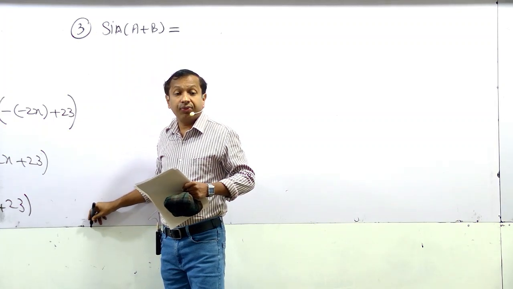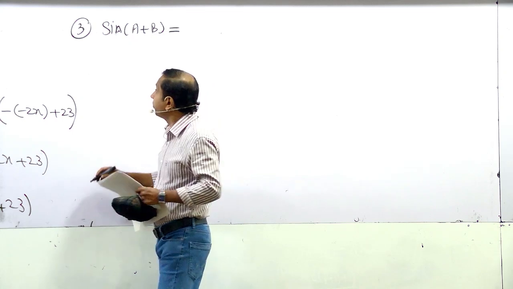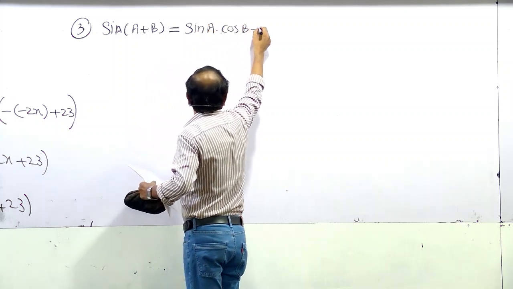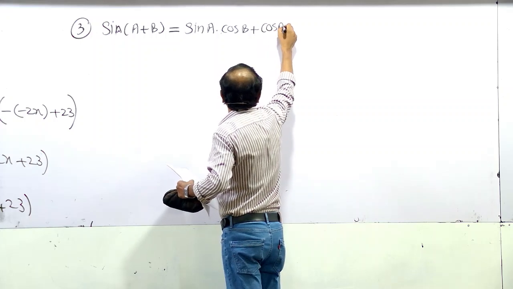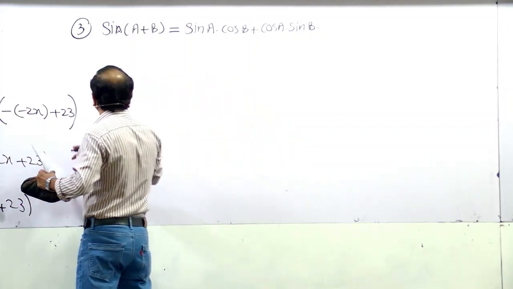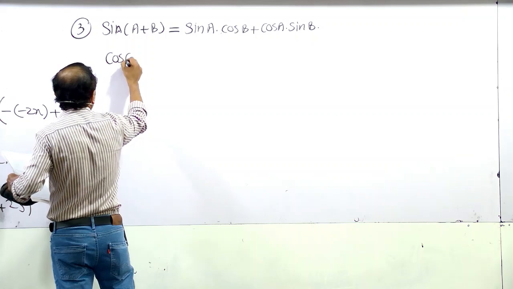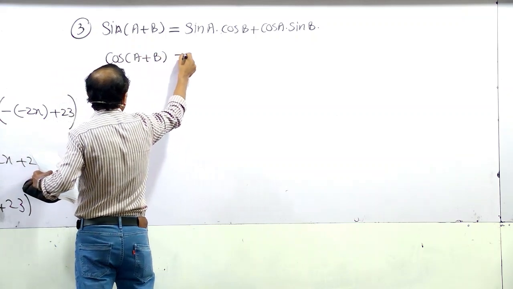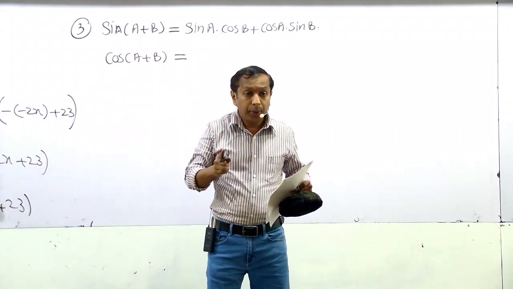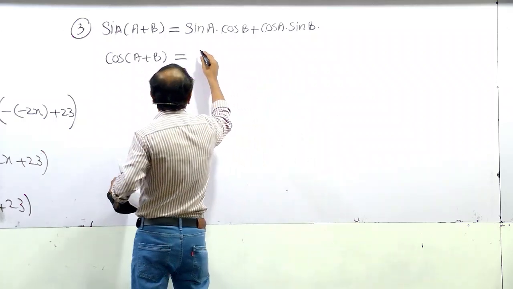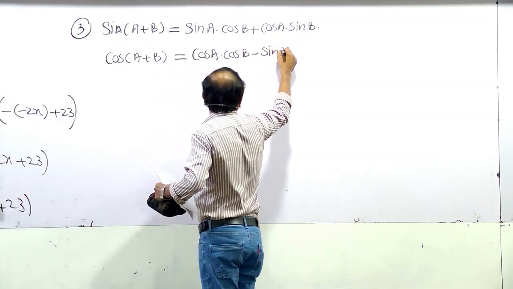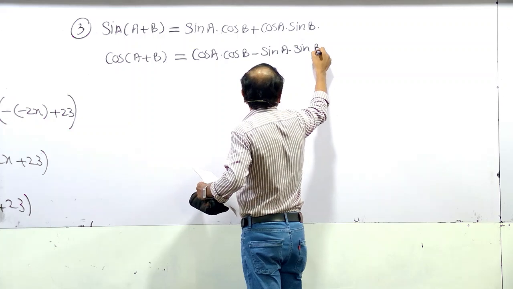Sin A cos B plus cos A sin B. Secondly, it asks for cos A plus B. What is the formula for cos A plus B? Cos A cos B minus sin A sin B. Like this.